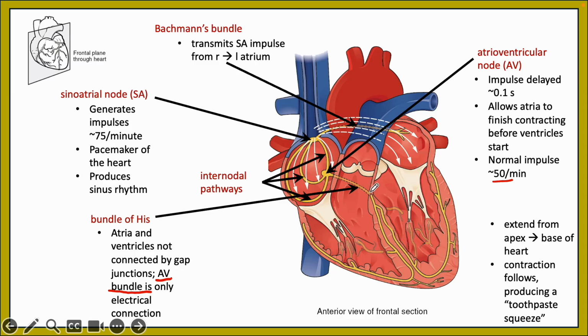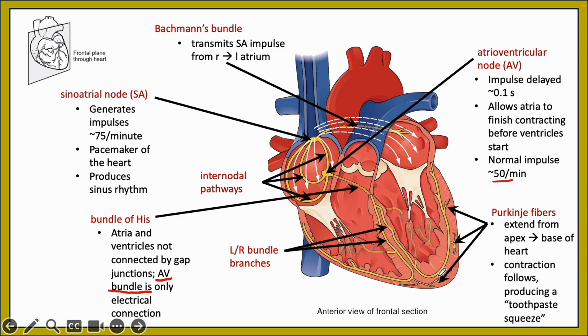Then the contraction is going to move down through the left and right bundle branches. So it moves down the ventricular septum of the heart, and then it's going to go back up to the sides of the heart via branches off of these onto the Purkinje fibers.